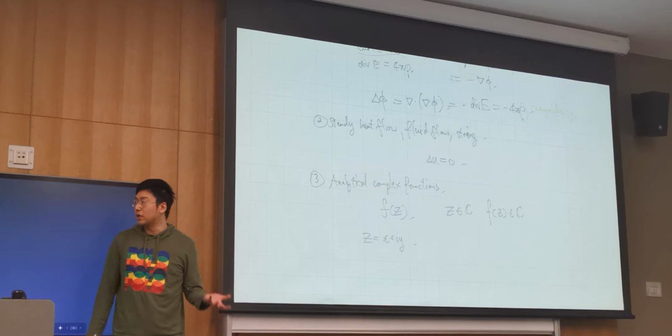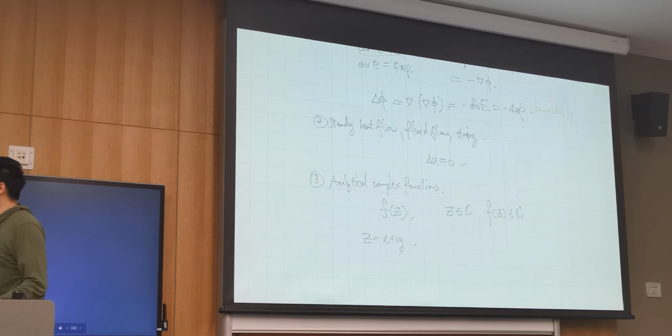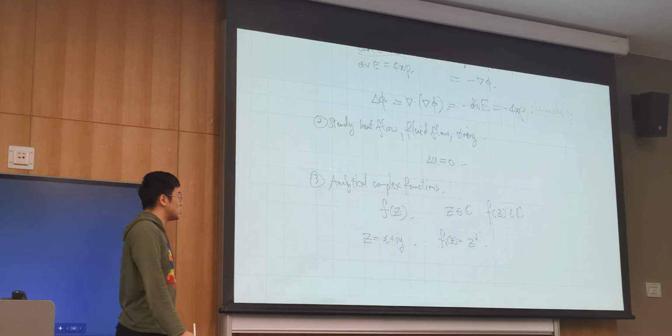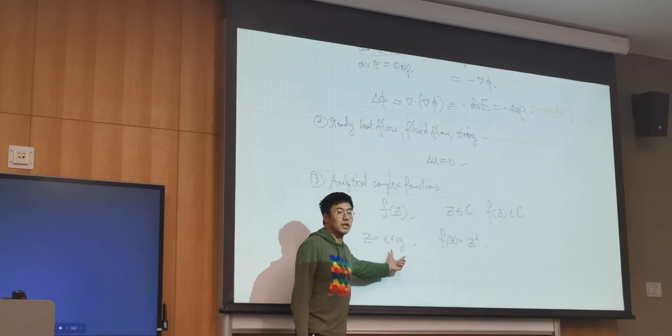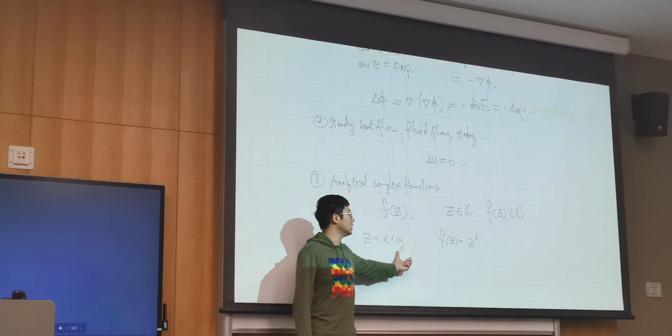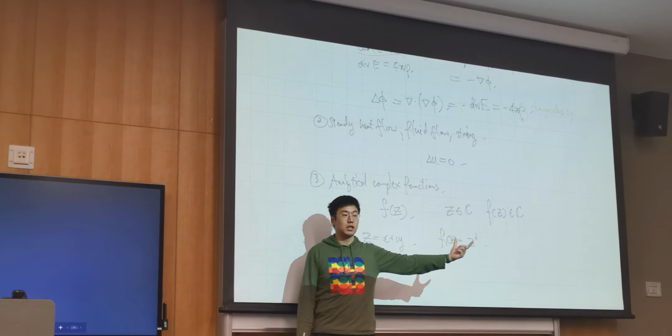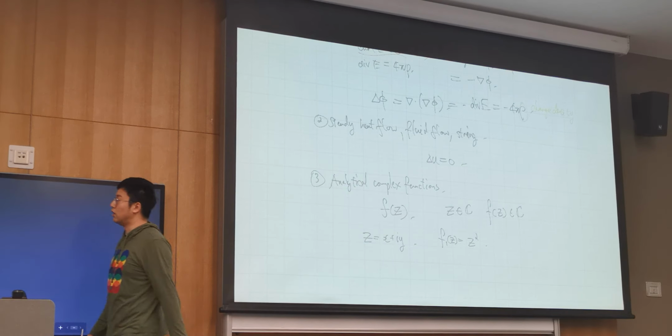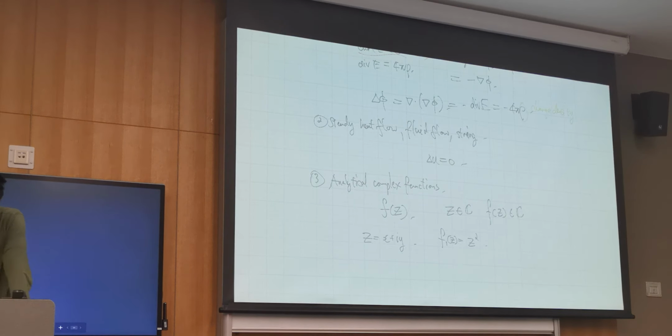There are many different ways for me to define such a function. For example, let's say f1(z) equals z squared, which means whatever z, which equals x plus iy, I simply square it and obtain the output for the complex value.